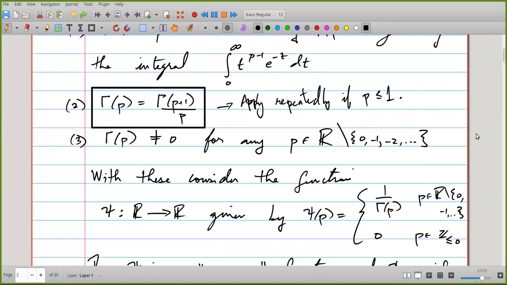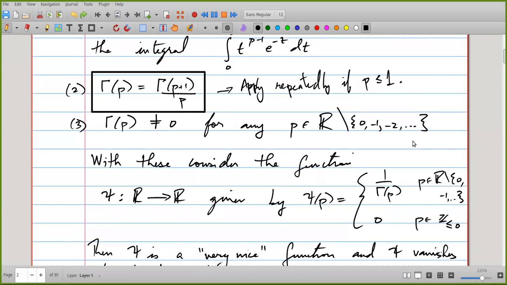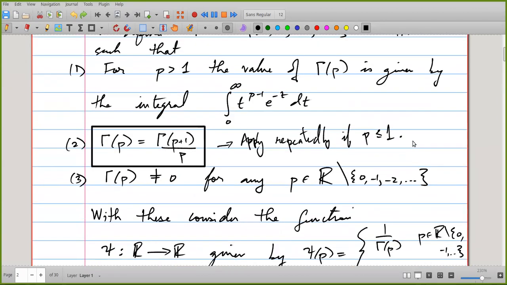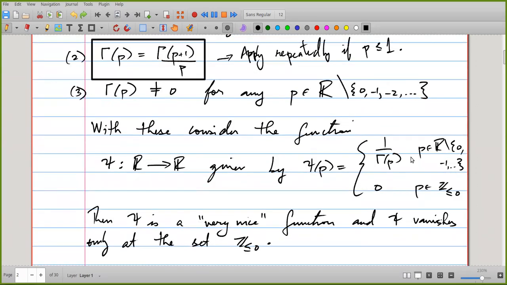One of the properties of the gamma function that we will need is that gamma of p is never 0 for any p in the real numbers minus 0, -1, -2, and so on. Once we have a function with these properties, we consider its inverse.